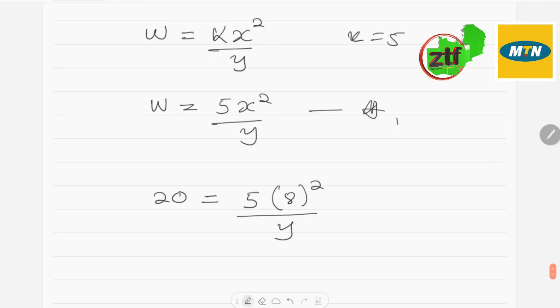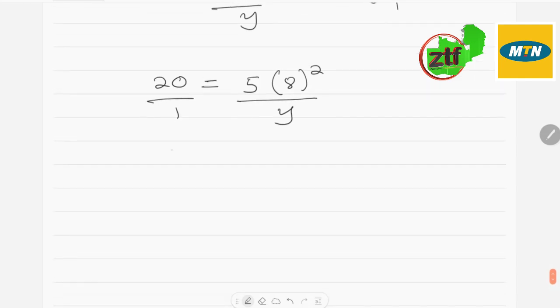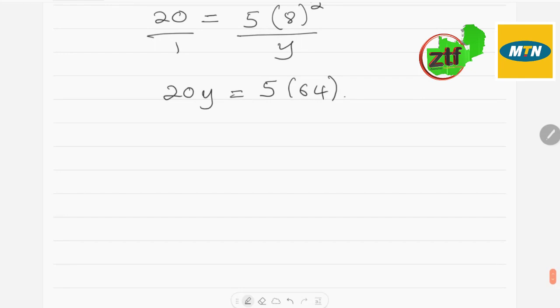We are looking for y, so I will cross multiply, and so I will have 20y will be equal to 5 times 8 squared. 8 squared, that is 8 times 8, will give us 64. And so when I multiply 5 by 64, I will get 320.